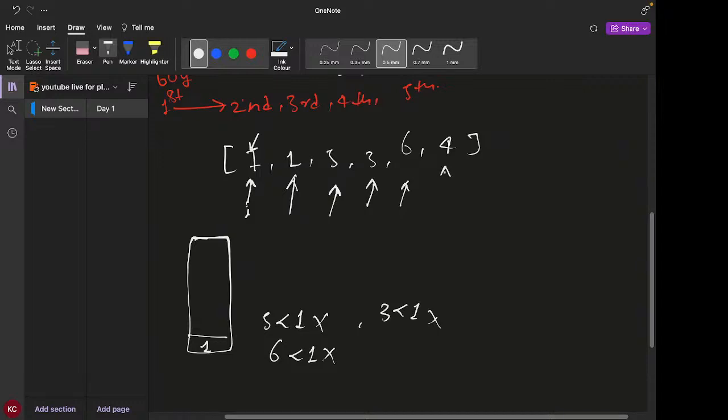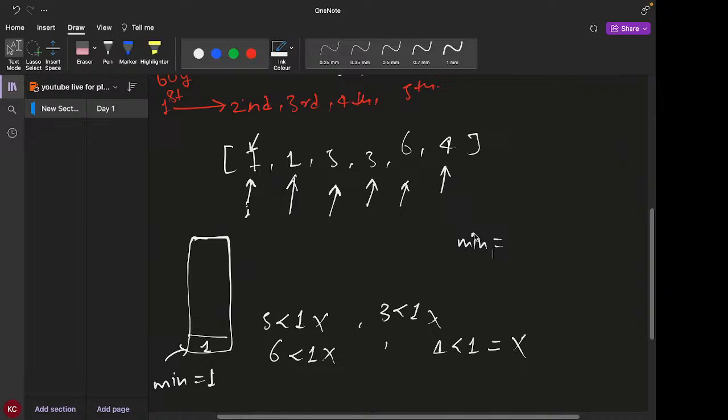And again I move on to the 4. Is 4 less than 1? No, so I didn't put it. It means that I got the minimum 1. And why am I using this stack? I can simply take a min value.